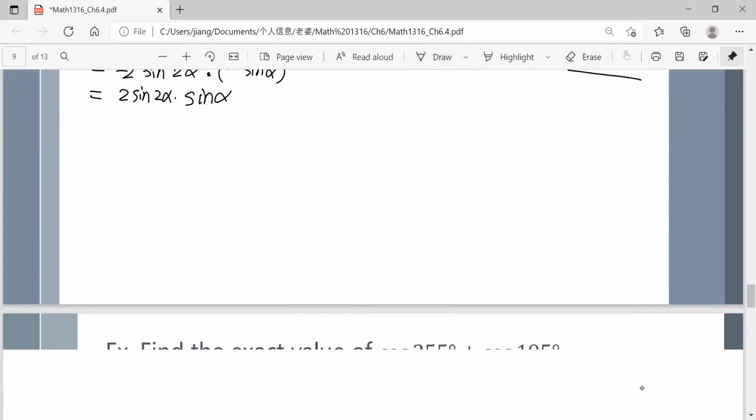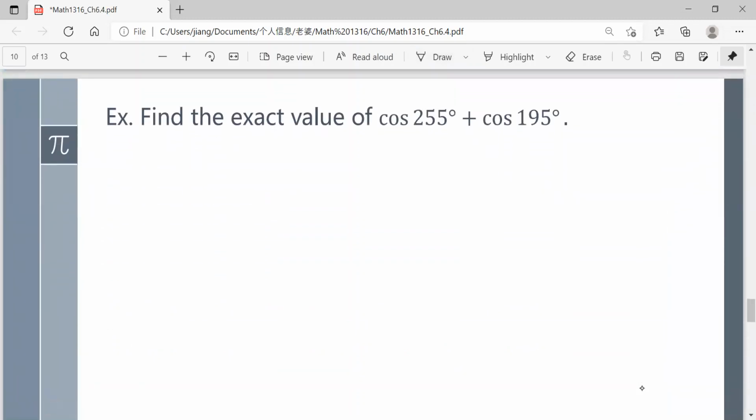Okay, let's continue. Find the exact value of this one. We need to use the sum to product formula. We can copy down the question. That's cosine 255 degrees plus cosine 195 degrees. What is that?